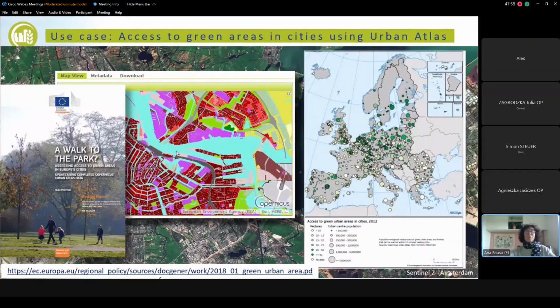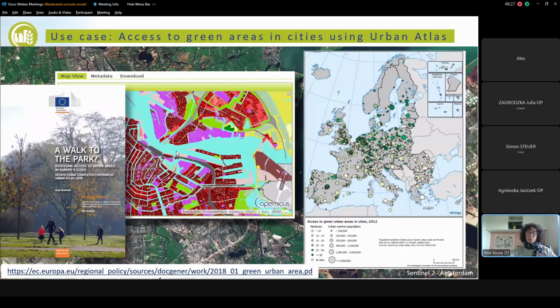So I'll leave you here with some illustrations and the link in case someone is interested to find out the use of Urban Atlas to assess access to green urban areas. This proximity indicator can also open up opportunities for analysis by combining it with the distribution of demographic, socioeconomic, other environmental variables in urban areas.